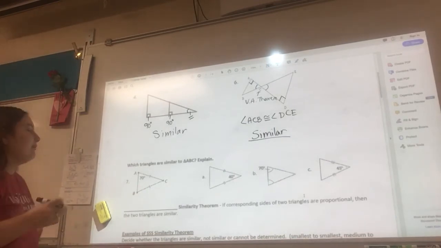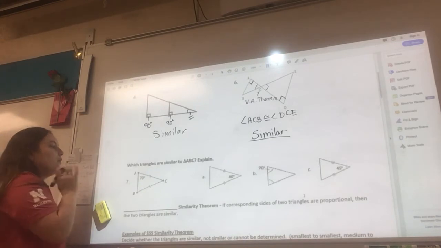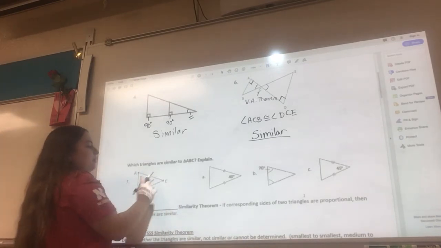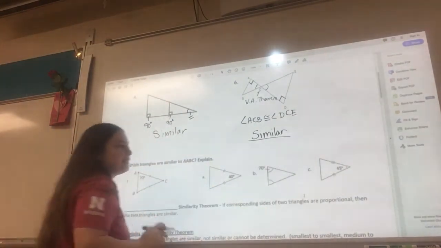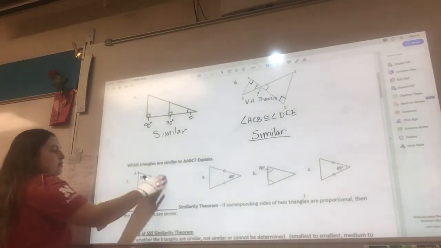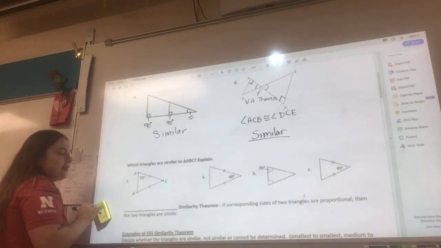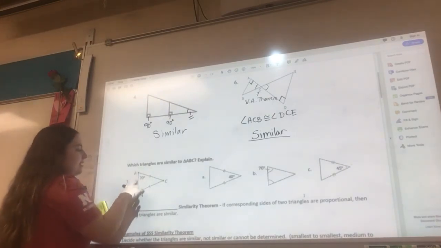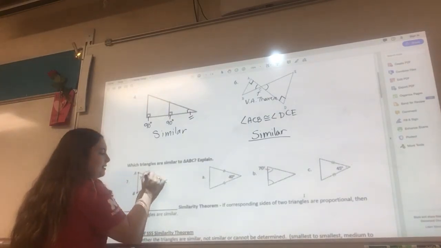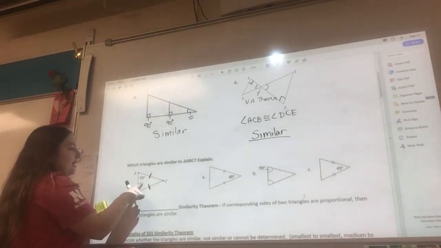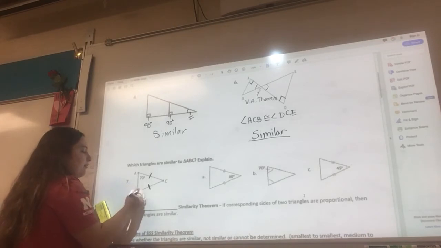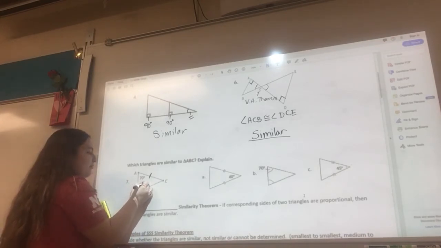Moving on, now we have to determine which triangles are similar to this original triangle. We need to see if A, B, or C is the same. Let's first take a moment and look at number 7. This is an isosceles triangle because it says this side and this side are the same. We know that angle A is 70, therefore angle B must also be 70.